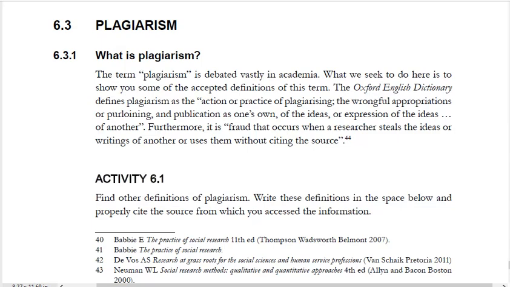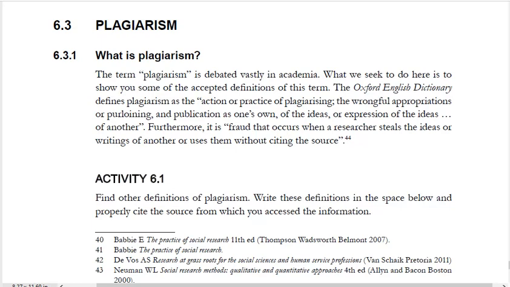Because when we give out the definition from the particular source that we would have used, whatever source, it could be tutorial letter 101, tutorial letter 501, whatever source that you have used to find the term plagiarism, maybe you have used the internet or whatever, you need to cite it.